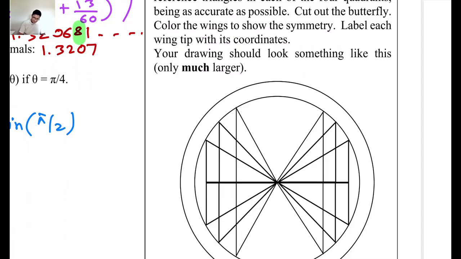In your butterfly, use different colors, maybe for 30 degrees and for the others, and so on. Use different colors. Make the outer circle bigger.